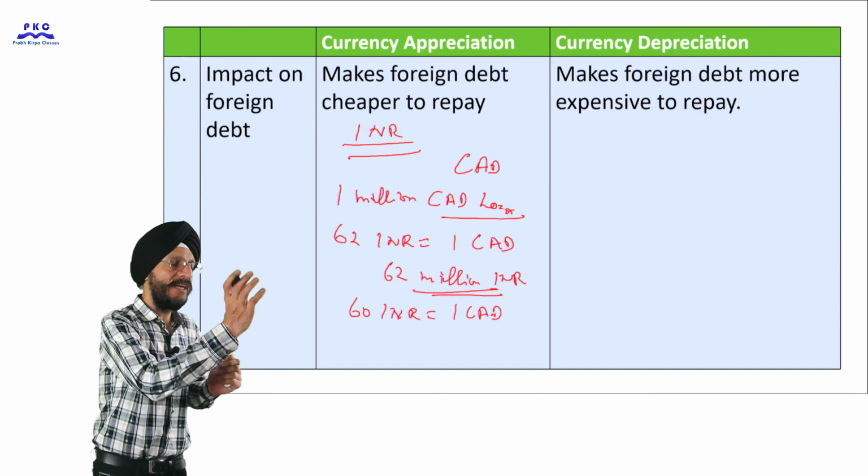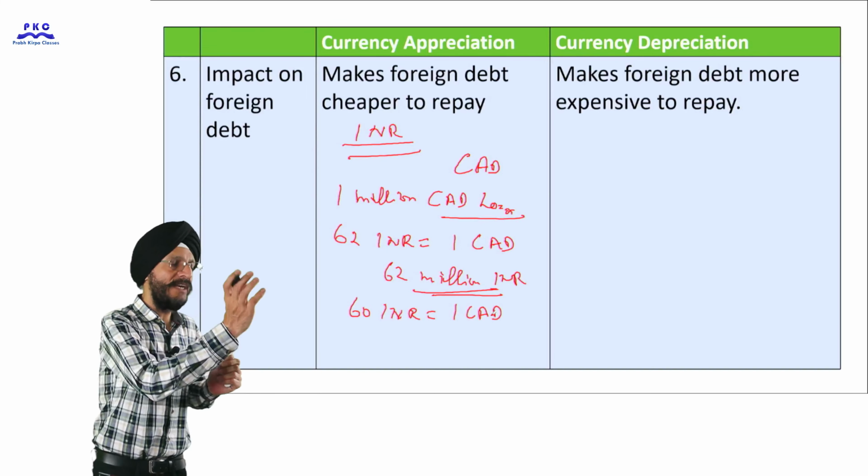Now the Indian government will have to pay somewhat near 60 million Indian rupee. That is, it will have to pay less in Indian currency. It will require only 60 million Indian rupee. It will convert the same into foreign currency, that is Canadian dollar, and repay the loan.